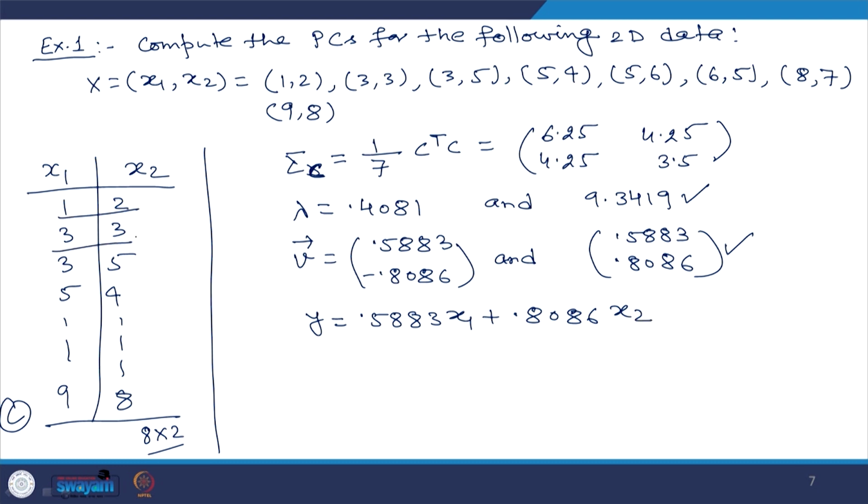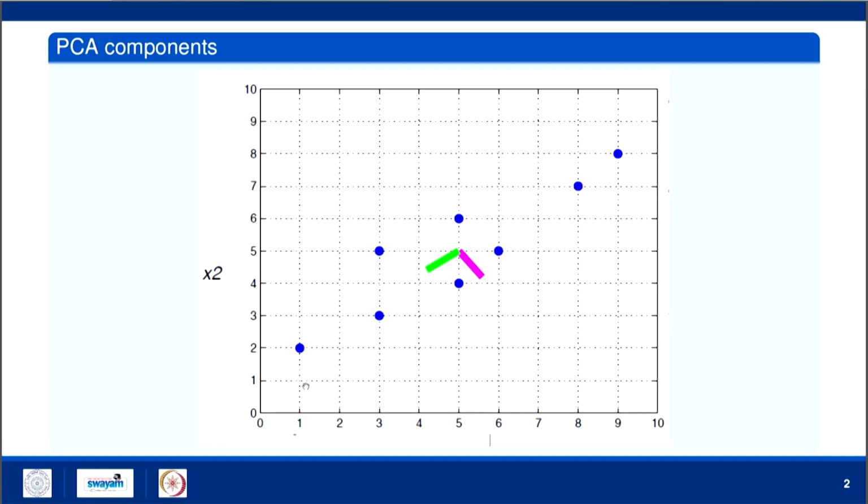All these pairs will project to 1D, that will be our y. So, if you want to see, this is the example, these are the points I have plotted in 2D, and this green one is giving the direction of principal component, while the second one is the other eigenvector.